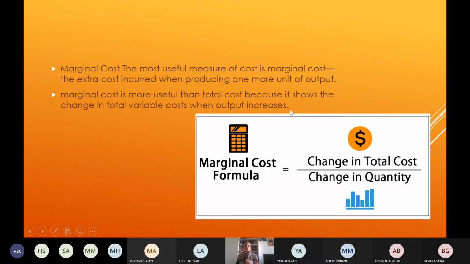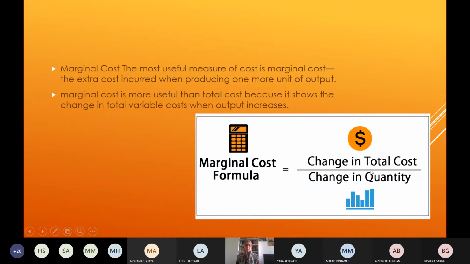What is marginal cost? Marginal cost is a measure to know exactly what 1 cup of lemonade costs. So the marginal cost is the total cost divided by the quantity.